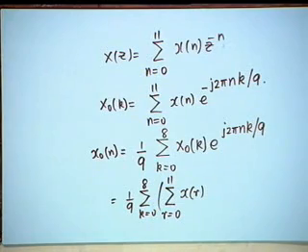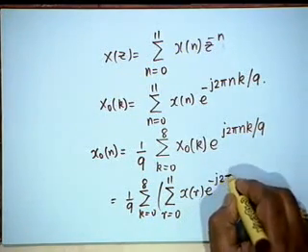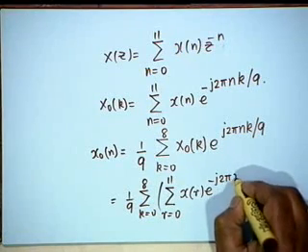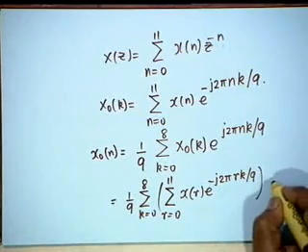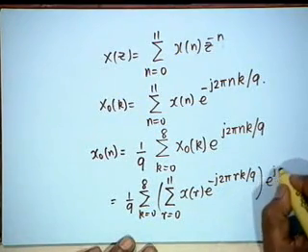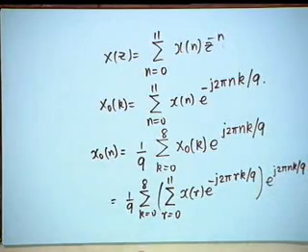If you want, you put a bracket here, e to the power minus j 2 pi r k divided by 9 multiplied by e to the j 2 pi n k divided by 9.